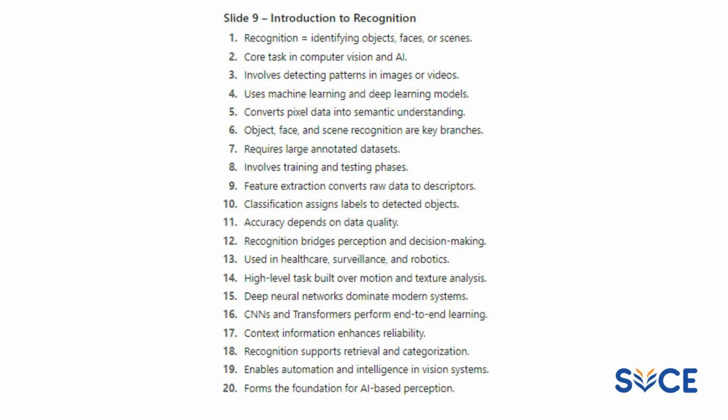Next, we have to talk about the techniques used in recognition. Early recognition systems relied on manual feature extraction, that is, engineering specific rules or filters to identify patterns. However, with the advancement of artificial intelligence, especially deep learning, recognition has become more data driven.